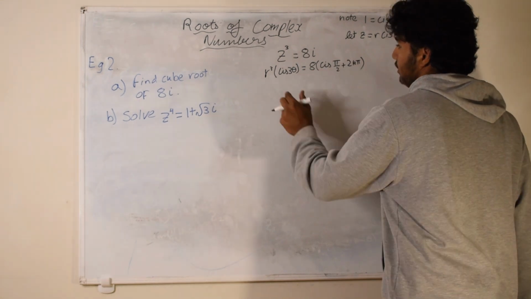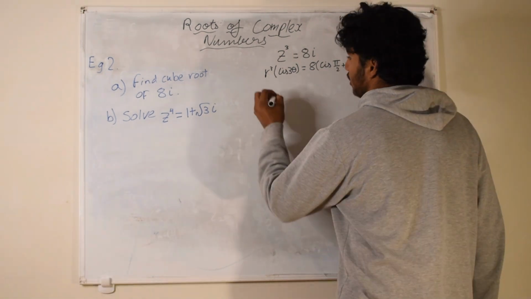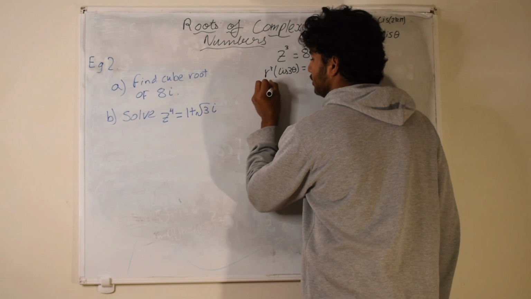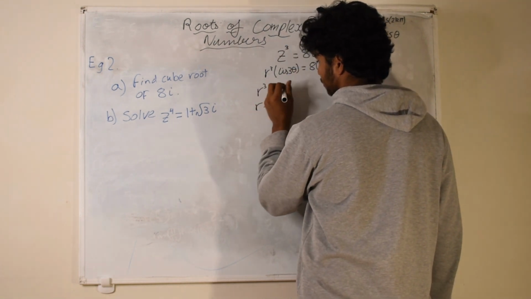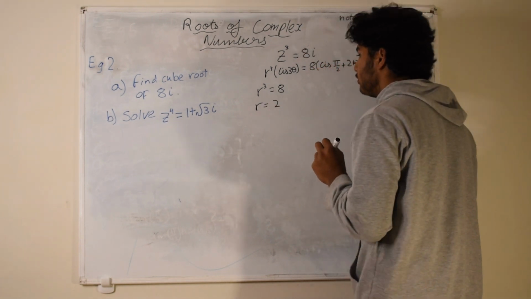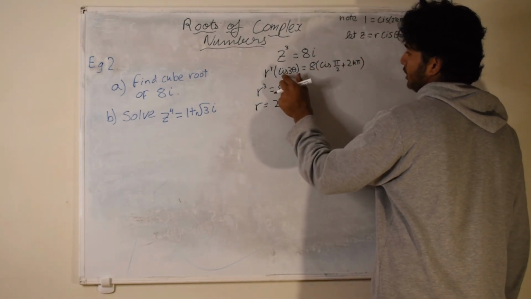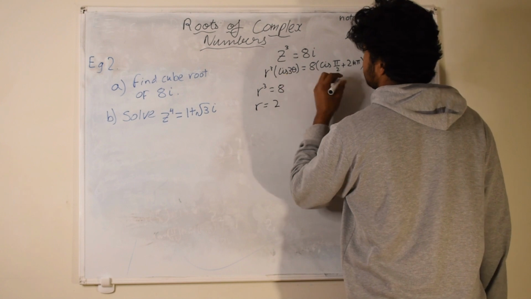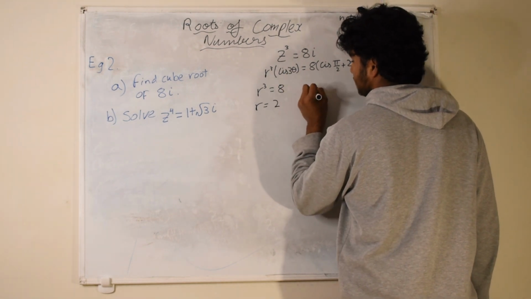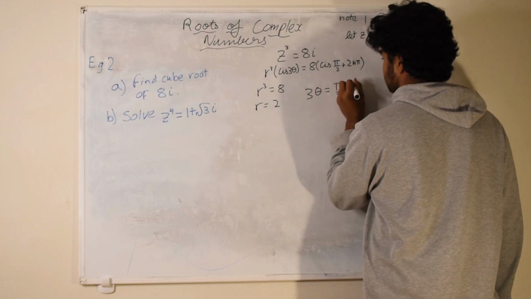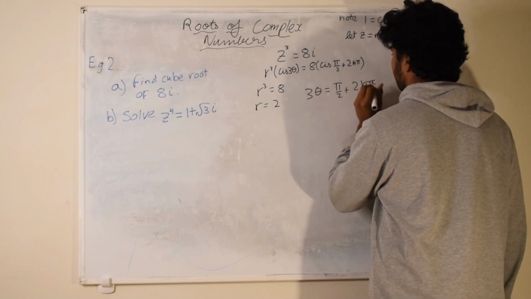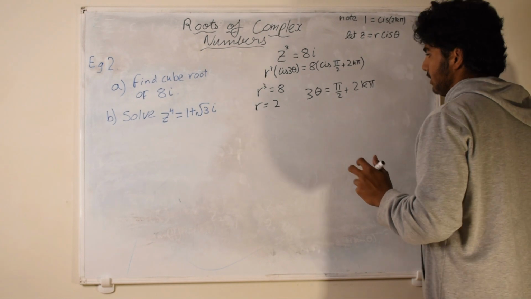Now we can equate the separate terms. We've got r cubed is 8, so r then equals the cube root of 8, which is just 2, and we can equate these separately. Cis cancels out, we get 3 theta equals pi upon 2 plus 2k pi. Divide both sides by 3.